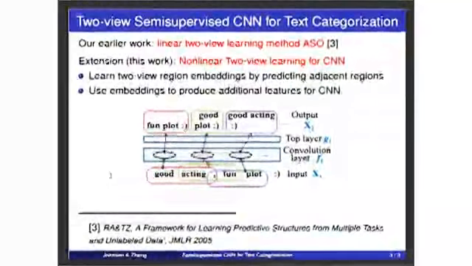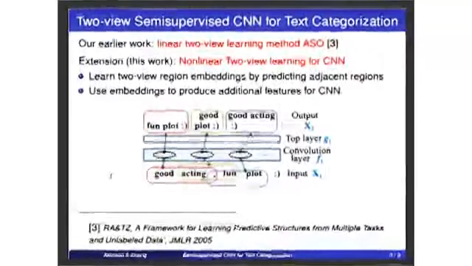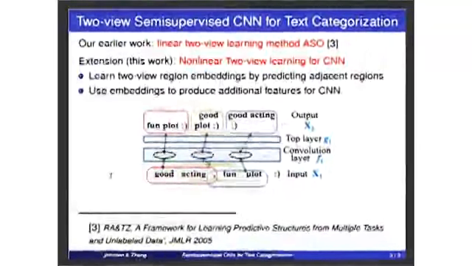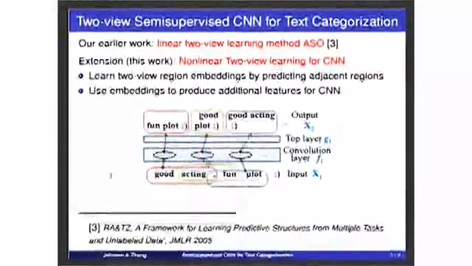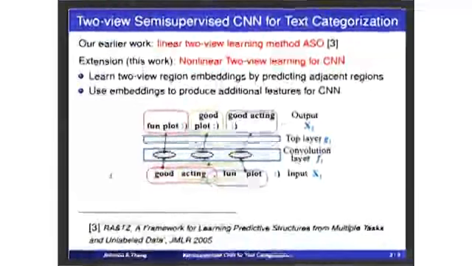But for the nonlinear method, we extended to CNN using two-view learning. Basically, we first use two-view to learn an embedding feature, and then add the feature to a CNN. And then we find that this achieved the state of the art, as far as I know. So this is the best possible until now. We also tried some other methods like LSTM and so on, but this is the best. Okay, thank you.